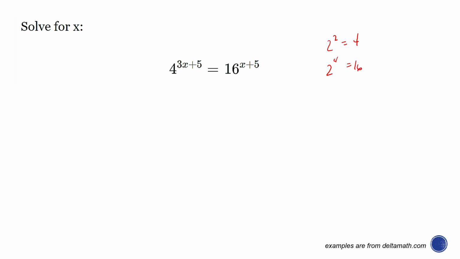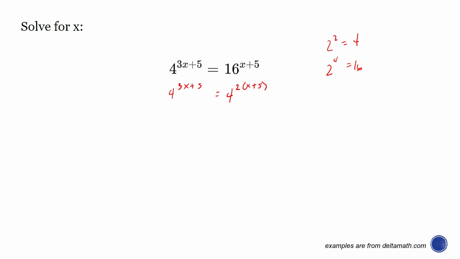Now, we can actually consider 2 squared and 2 raised to 4, but it's better if we express the numbers 4 and 16 with the highest base, and that is 4, for 4 raised to 1, and then 16 is 4 squared. So I will not change the 4, but I will change the 16, and 16 is 4 squared.